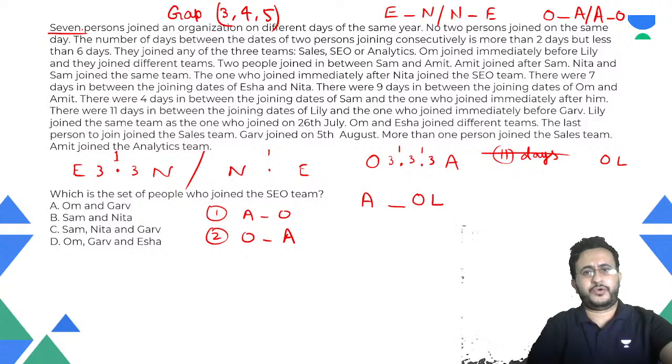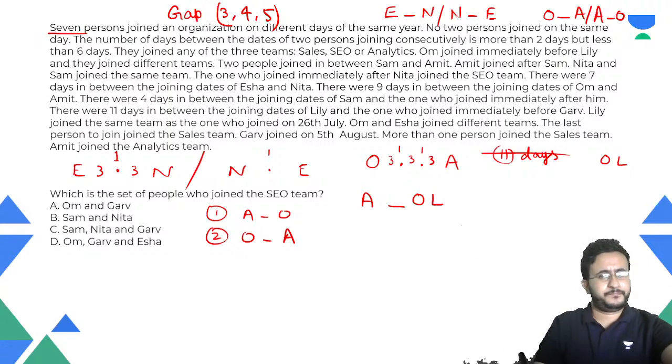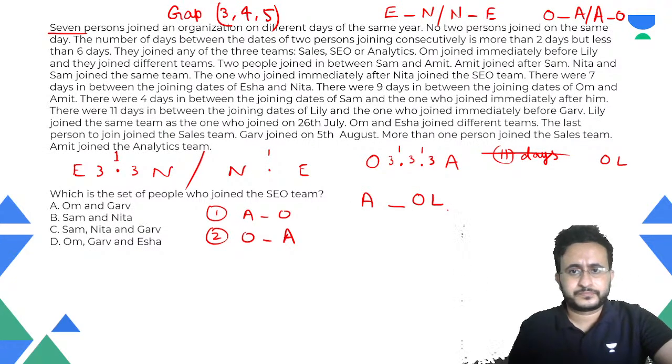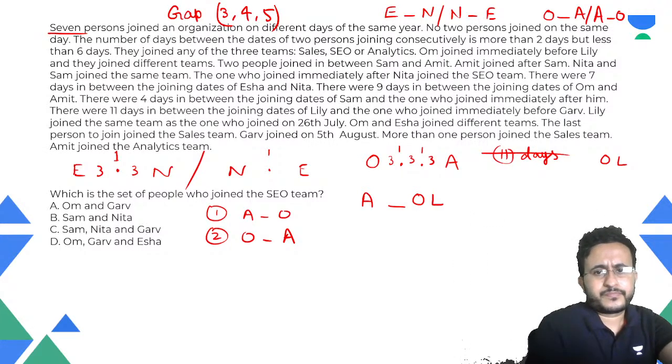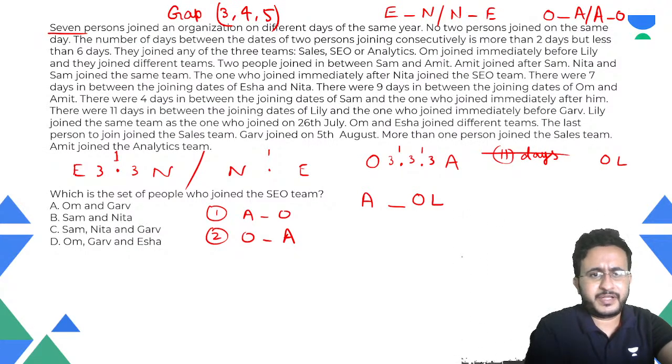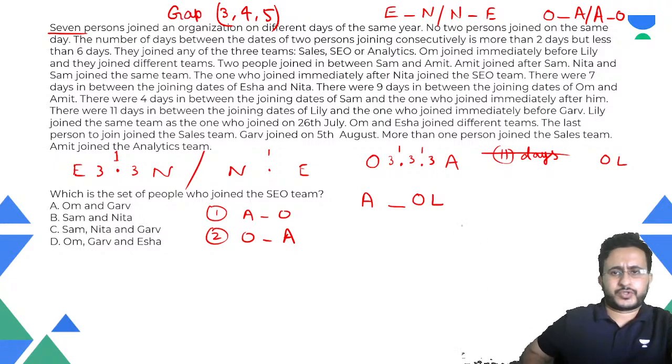Right now, E and N also have to join. E and N should join, right?